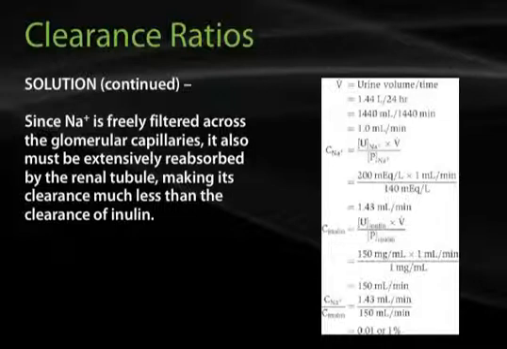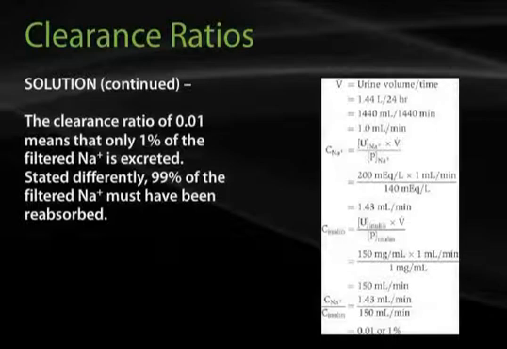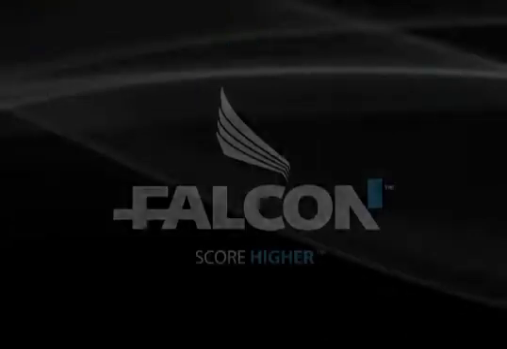Thus, the clearance ratio is 0.01 or 1%. The clearance ratio of 0.01 means that only 1% of the filtered sodium is excreted. Stated differently, 99% of the filtered sodium must have been reabsorbed. This is approximately the number seen in normal states.